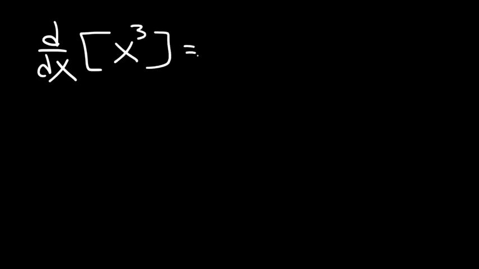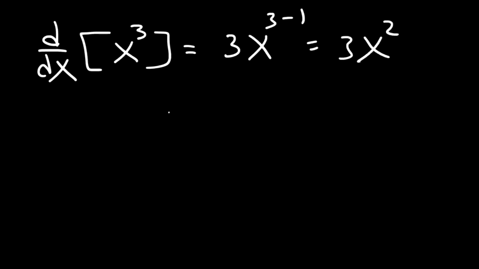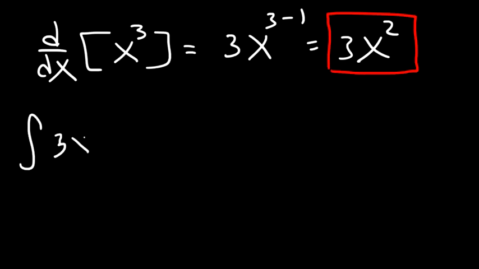So let's say if we wish to find the derivative of x cubed. Using the power rule, we could see that our n value is 3. So it's 3x raised to the 3 minus 1, which is 2. So the derivative of x cubed is 3x squared. Now let's say if we wish to find the antiderivative of 3x squared.